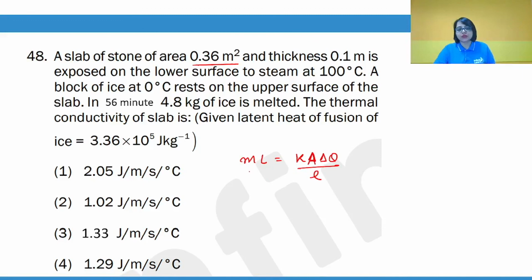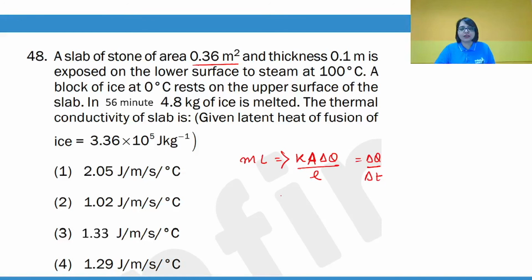So what you can do is, this is delta Q by delta T and this delta Q by delta T will help you in melting, right? So you can write delta Q is equals to ml.